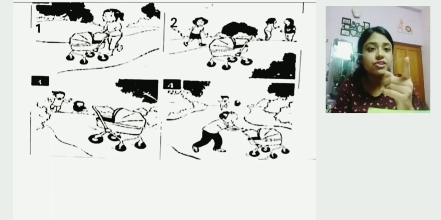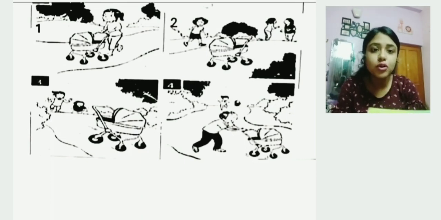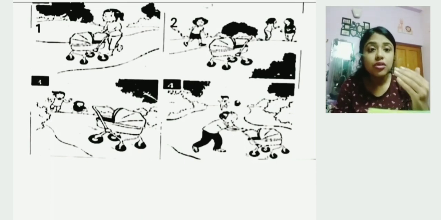Who is the observer? There is a little girl who can witness the whole thing, right? And we can see she is in utter confusion, and what to do, she's quite confused. Then number 3, we can see the women also notice the pram has started rolling away, and the friend of hers and the woman both started running in order to catch the pram, otherwise any accident may take place.